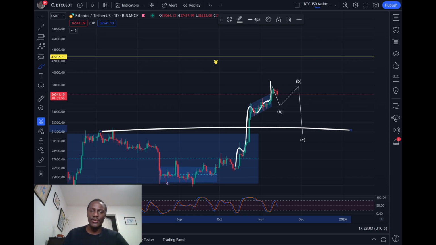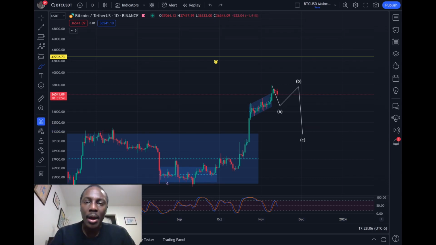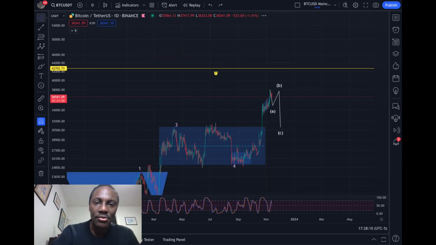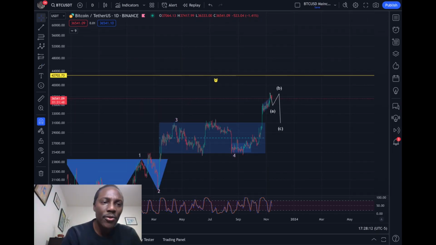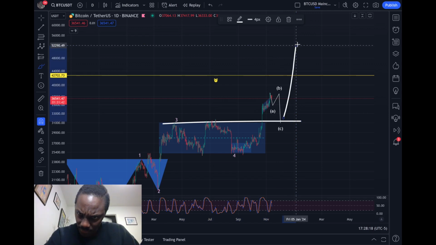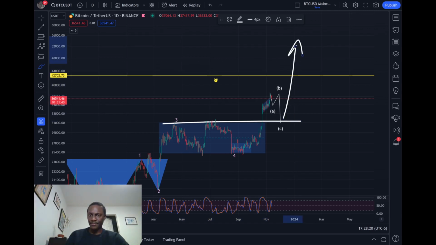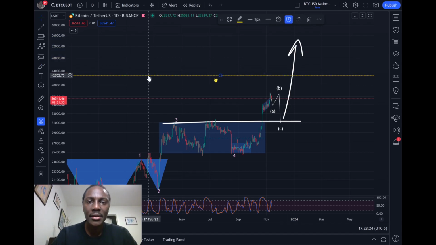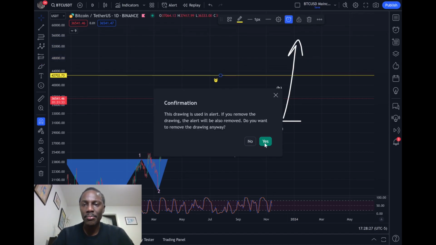There's two pieces of good news about that. Number one, the really good news is that you're making a proper retest of previous resistance as support, which should enable you to continue much, much higher. Okay? That's one part of the good news.